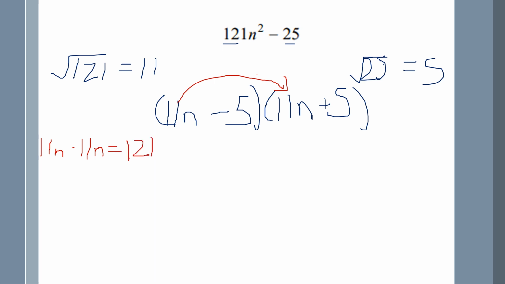And when you multiply that, you're going to get 121. But remember, the n's, because you're multiplying them, you add the exponents. And remember, when you see n by itself, it has an exponent of 1. So that's going to be 1 plus 1 equals 2. So 121n to the power of 2. So 11n times 5, that's just 55n.